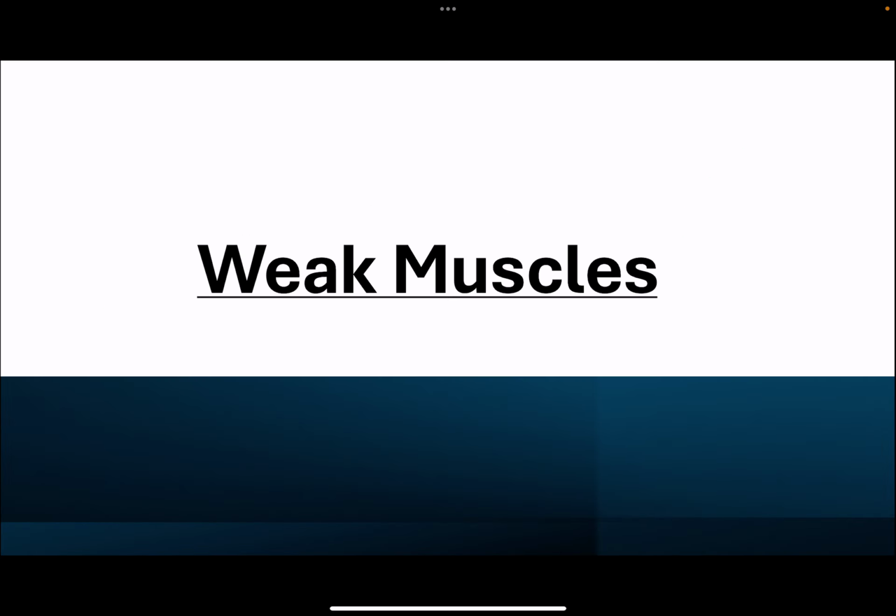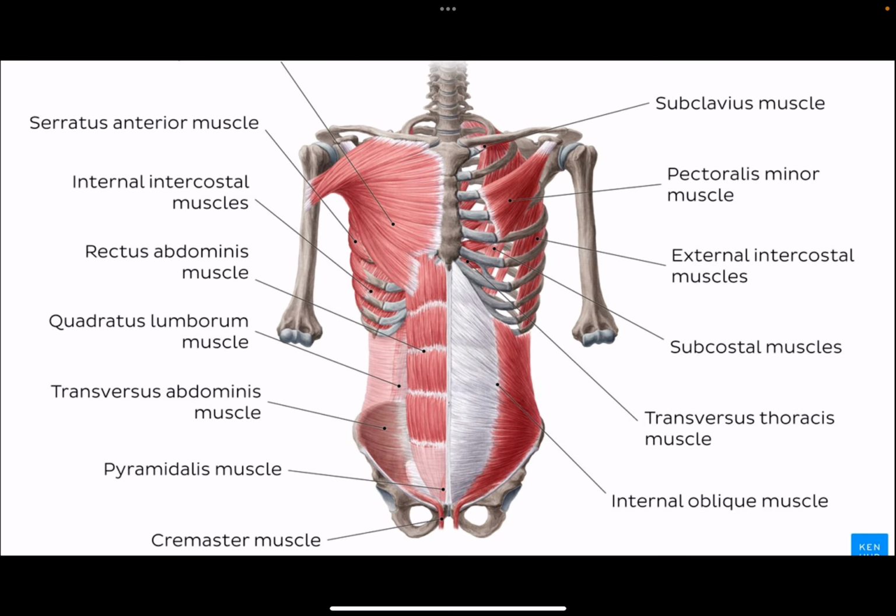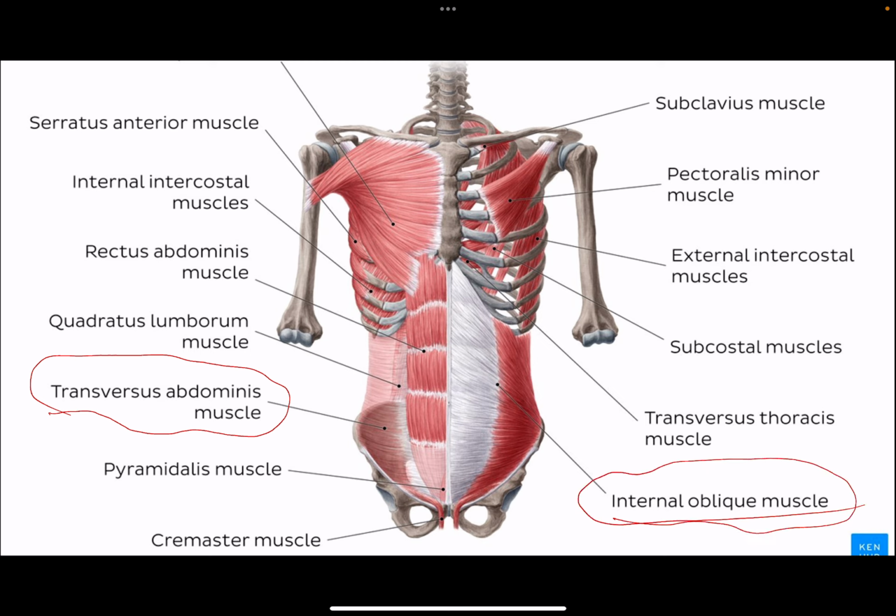Okay? What about weak muscles? Weak muscles like abdominal muscles, core muscles. So when we have lower cross syndrome, the first line of treatment is to strengthen core muscles. Abdominal muscles consist of transversus abdominis, internal and external oblique, and rectus abdominis.